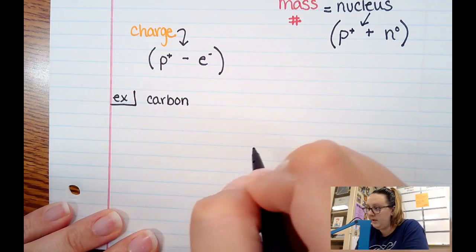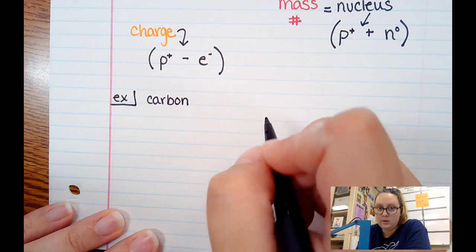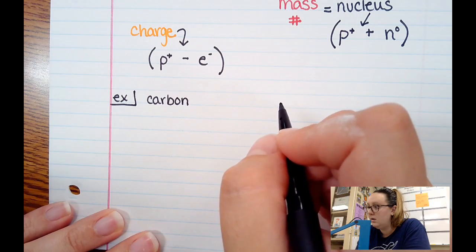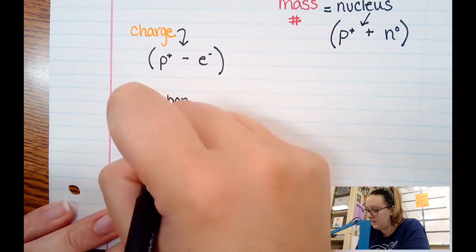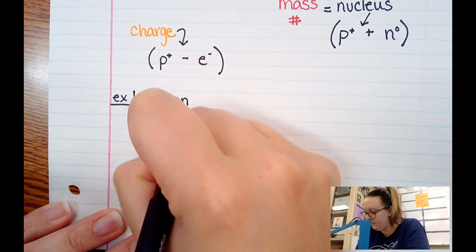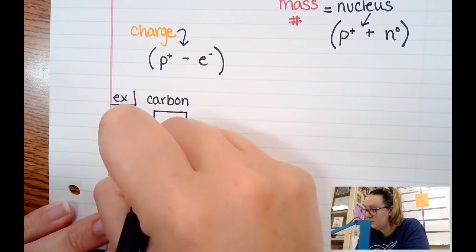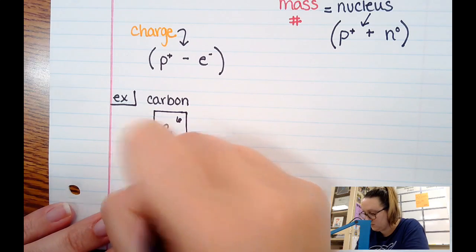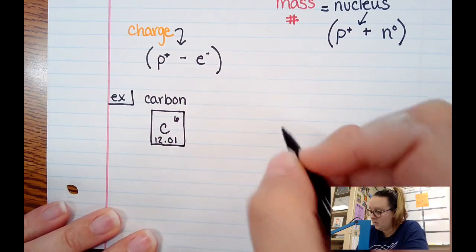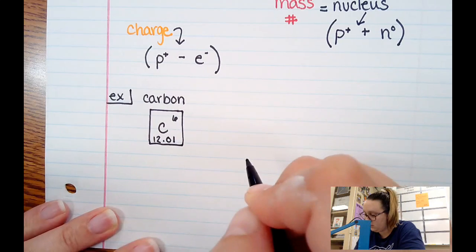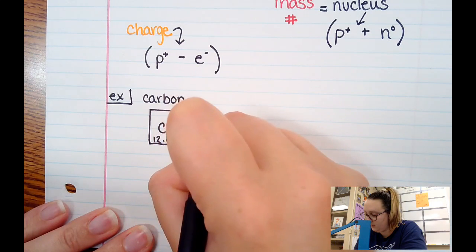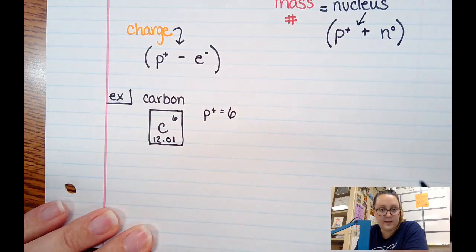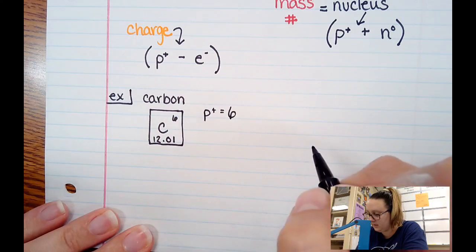When I look at the periodic table, carbon has, let's see, if I just write it like this, the protons, 6 of them, same as the atomic number.